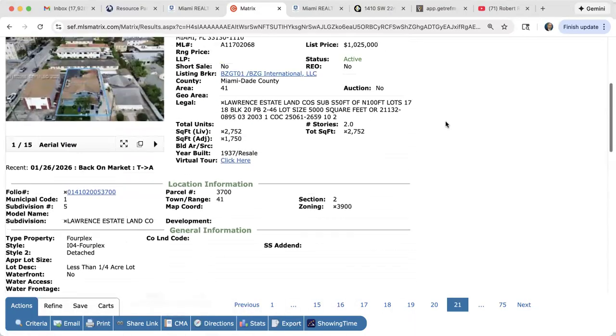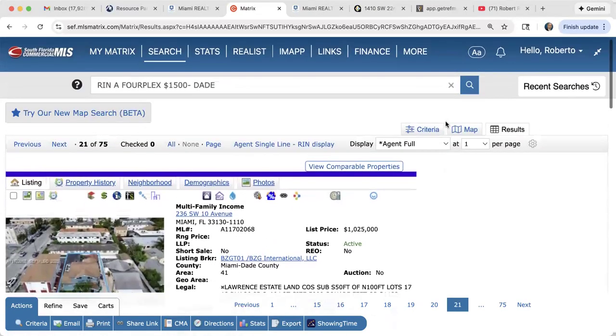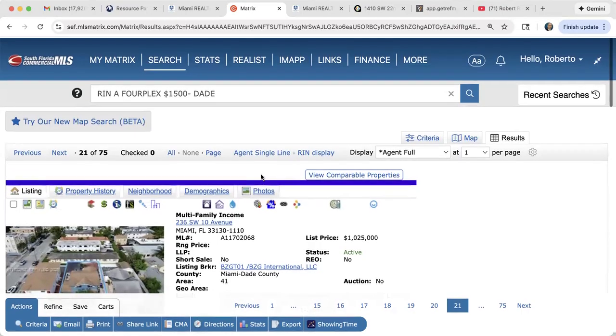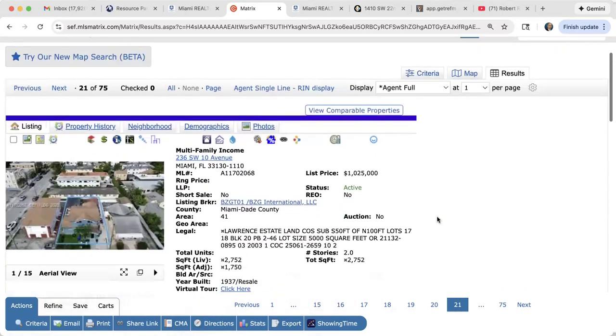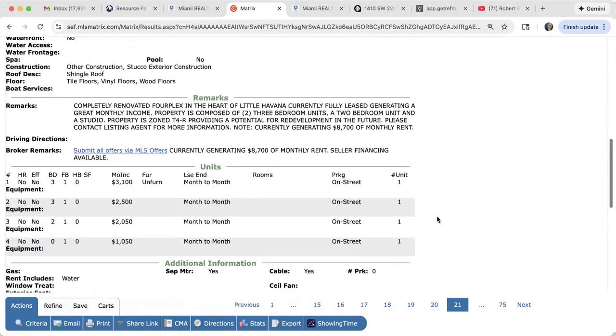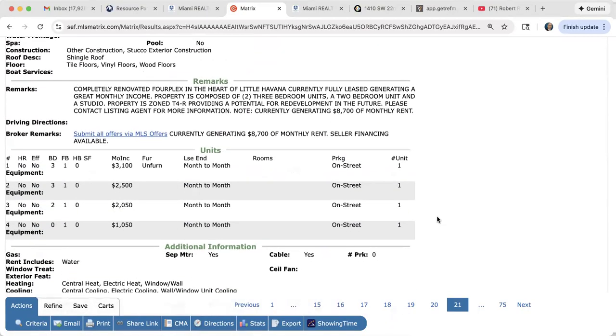So there are plenty of opportunities for you to present to your investor. Just use the tools that we just showed you. Use RPR, use IMAP, use the MLS. Use your own calculator. If this is generating $8,700 a month in rent, times 12, that's $104,400 a year.